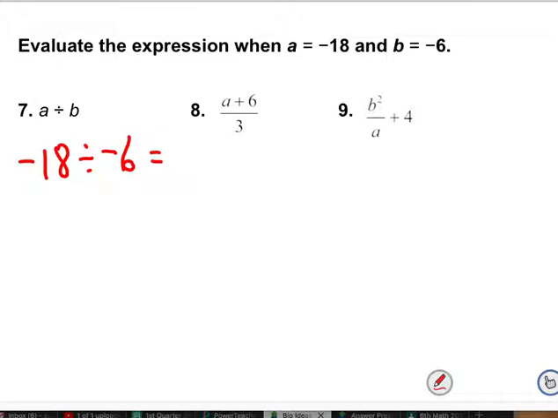Yep. Okay, so it's now a positive 3. Because two negatives. Okay, only in math. Do number 8. Okay. Now, if I rewrite it and I substitute in, I have -18 plus 6.